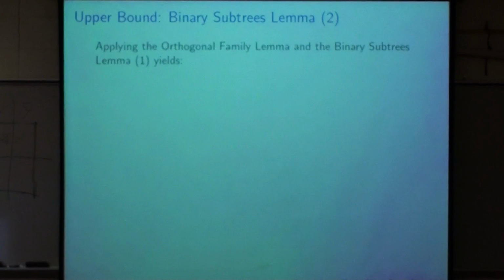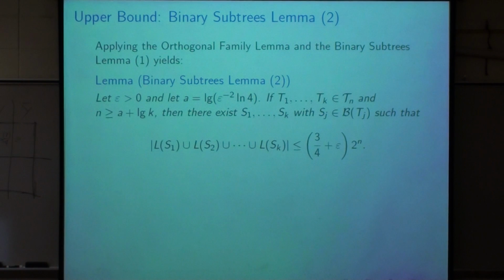If we put this together with a lemma which gives us large alpha orthogonal families, then we'll be able to prove this lemma here, which says that as long as the depth of these trees is large enough, we'll be able to find our binary subtrees that use few path labels: at most 3/4 plus a little fraction plus an epsilon, that fraction of the total space of all the possible bit strings.